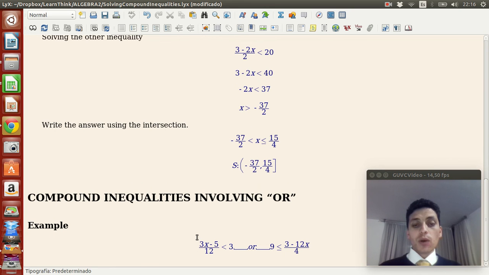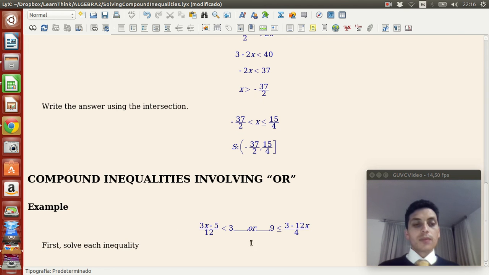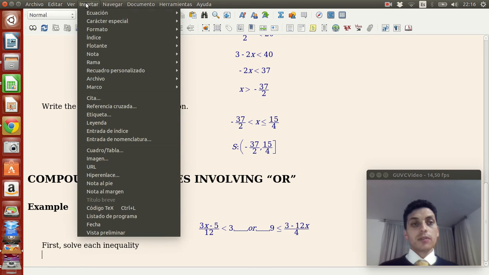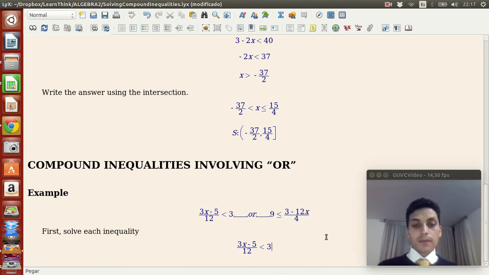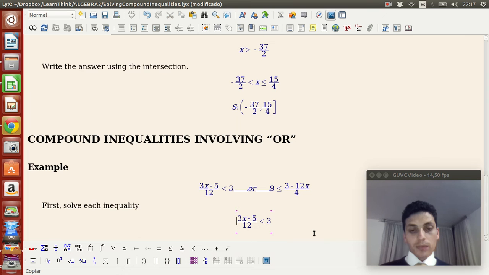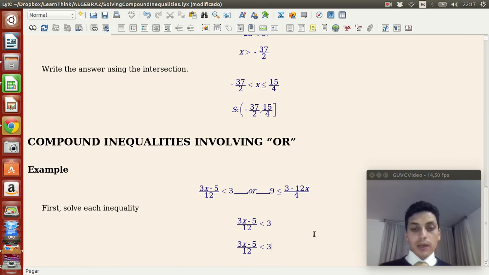So we have this inequality. First, solve each inequality. Let's solve the first inequality. How to solve it?